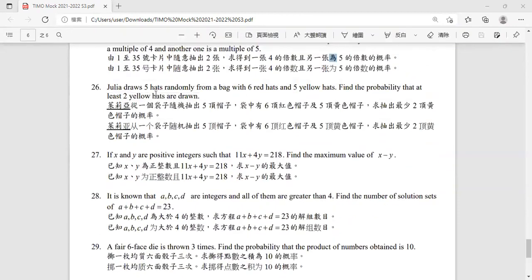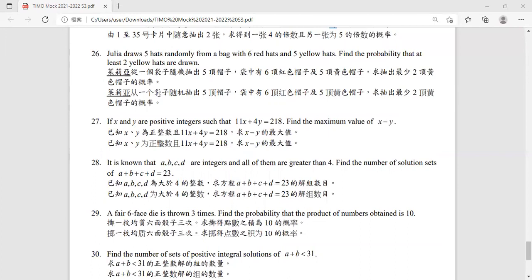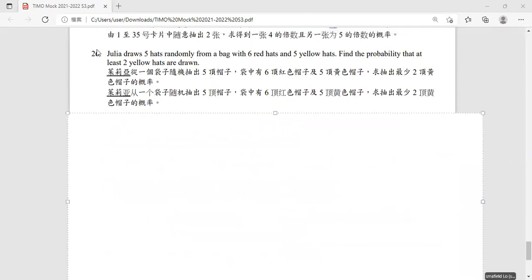Okay, 26. Julia draws 5 hex bundles from a bag with 6 red hex and 5 yellow hex. Find the probability that at least 2 yellow hex are drawn. At least 2 yellow hex means you don't have the case of only 1 yellow hex or no yellow hex.